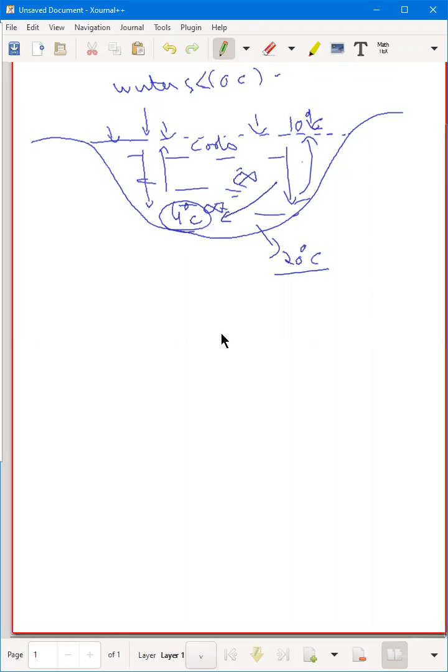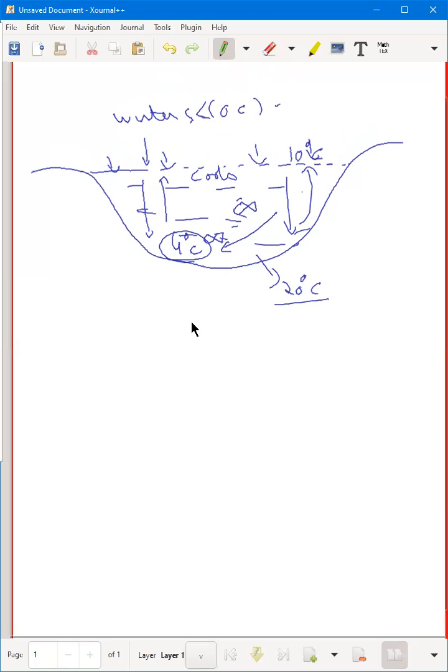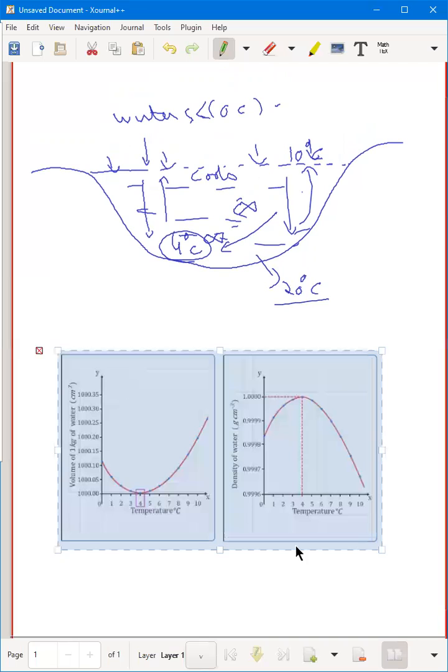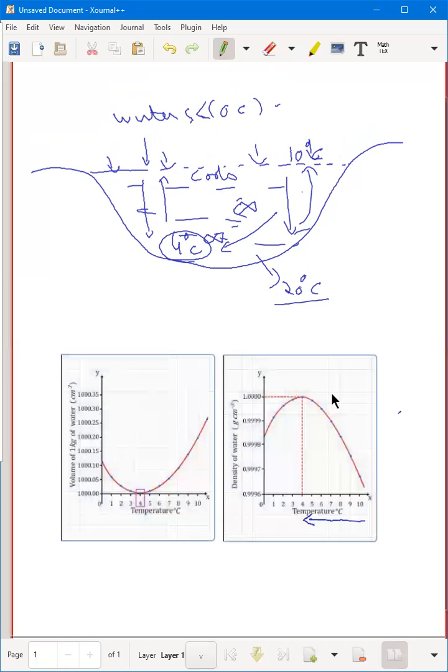Because we know that, let me show you the graph again. When we decrease the temperature till 4 degrees, there's an increase in density. As the density increases, the object is contracting and it will become heavier, isn't it?